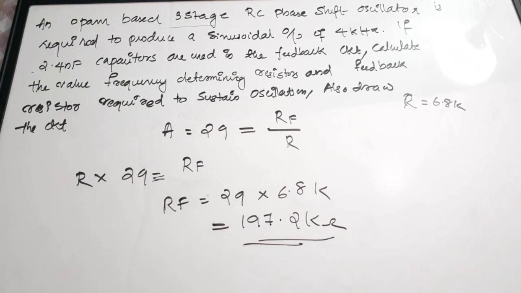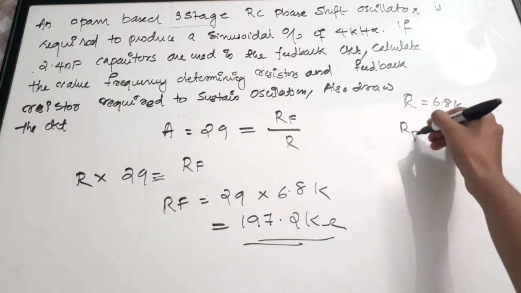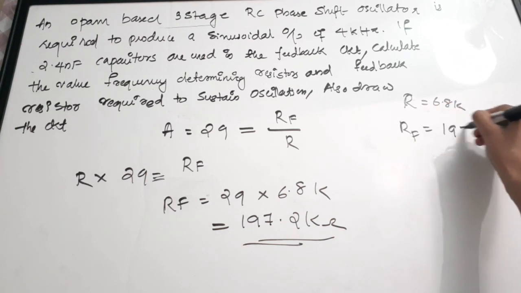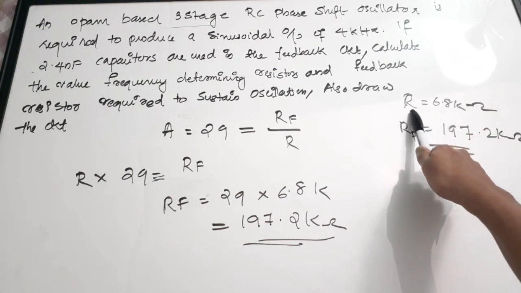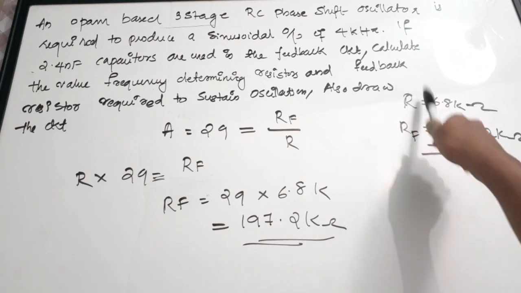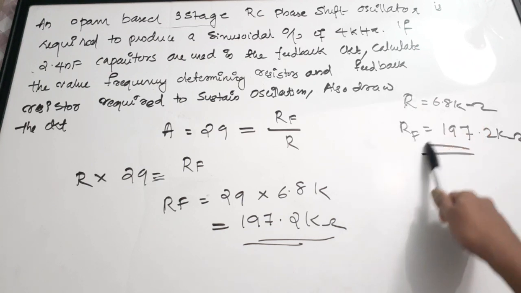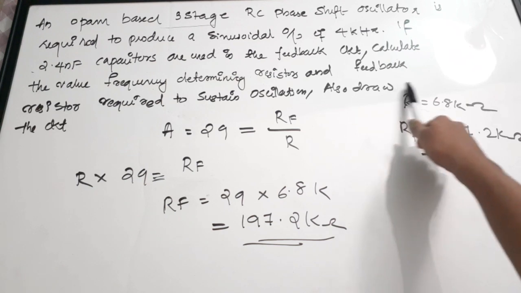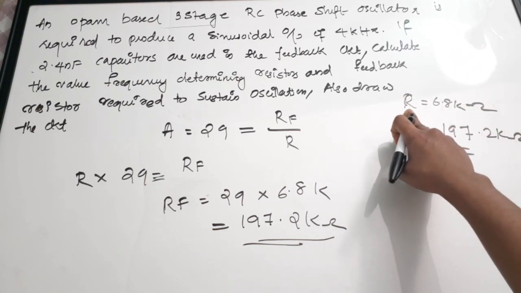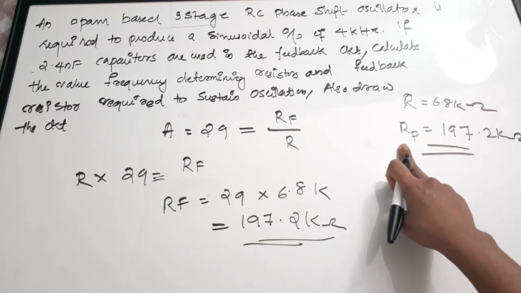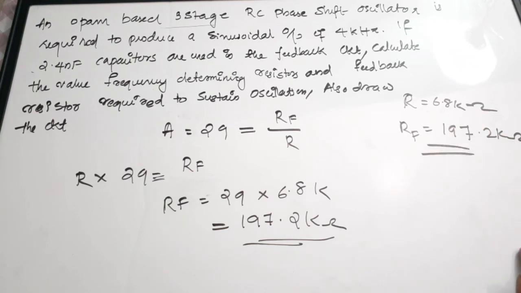So this is the value for your feedback resistance, 197.2K ohms. This is the value for your frequency producing resistance, that is the resistance in the RC stages of the feedback circuit. In those stages, the R value is 6.8K. For the feedback resistance, it is 197.2K.